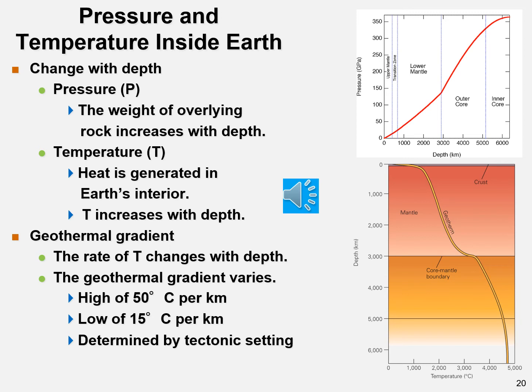We refer to the rate of change in temperature with depth as the geothermal gradient, or geotherm. In the upper part of the crust, the geothermal gradient averages between 15 degrees centigrade and 30 degrees centigrade per kilometer. At greater depths, the rate decreases to about 10 degrees centigrade per kilometer or less.